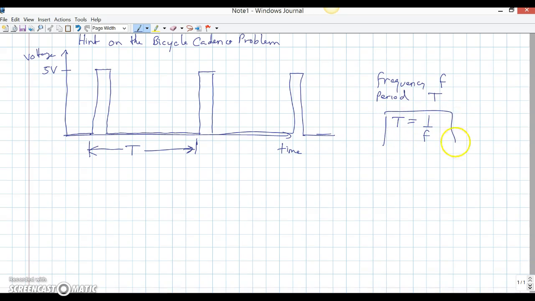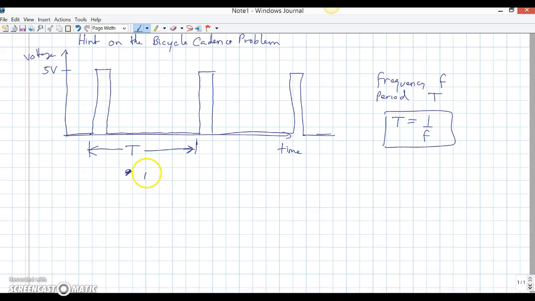I'm bringing this up because cadence, for example 90 cycles per minute, is a measure of frequency. But what the microcontroller is good at is measuring time, and period is a measure of time. So we want to figure out the period that's associated, for example, with 80 cycles per minute.